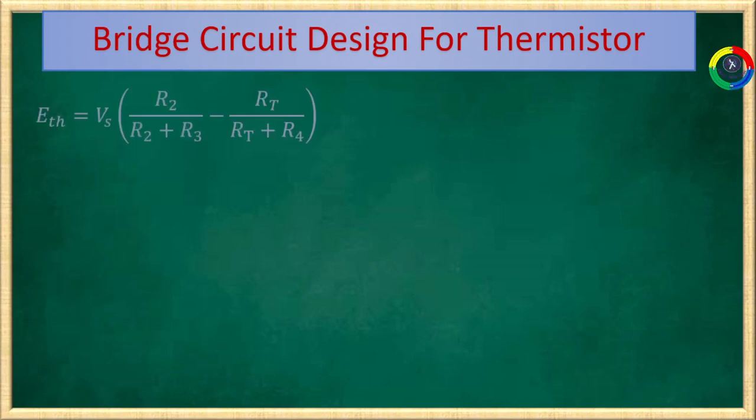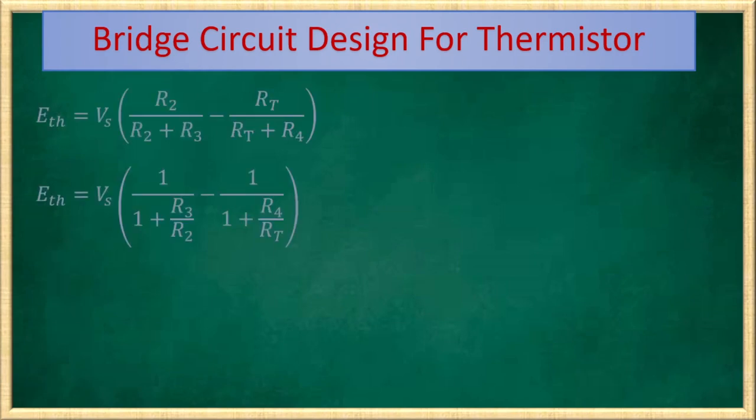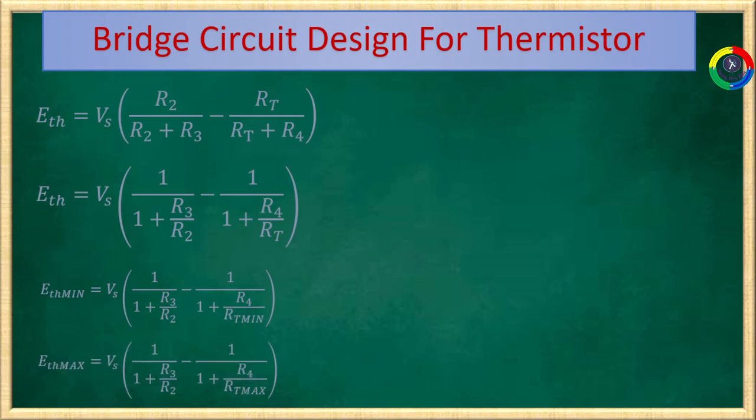We have ETH equals this one, and after some rearrangement, we get this one. Next, from this equation, the Thevenin's equivalent voltage ETH is minimum at RT minimum, and similarly, ETH is maximum at RT maximum. From the given specifications, the bridge should be balanced at 25 degrees centigrade.